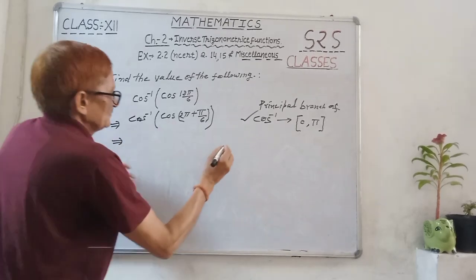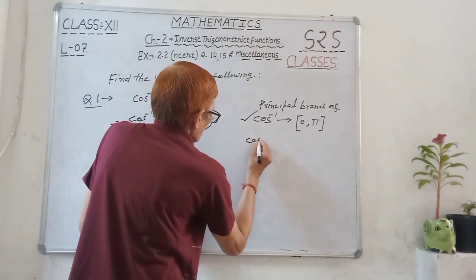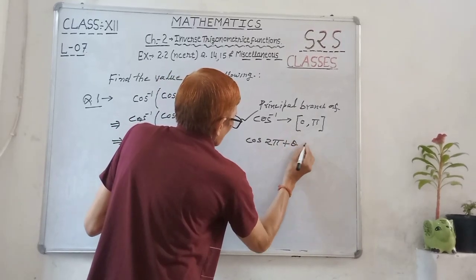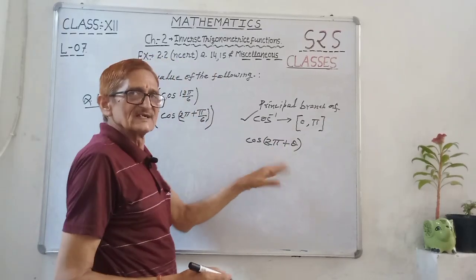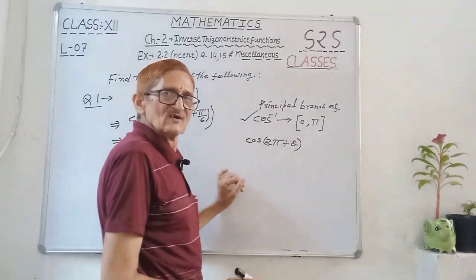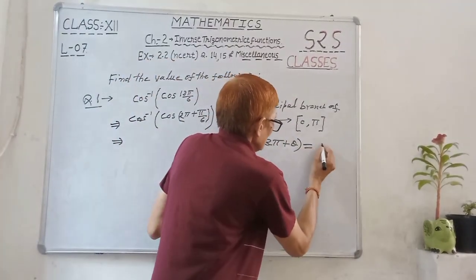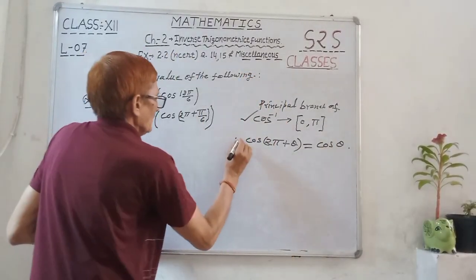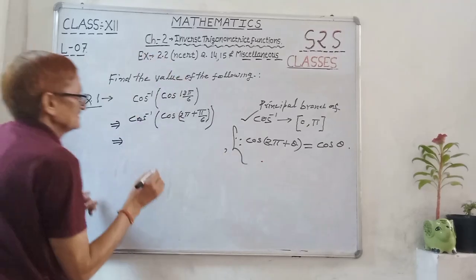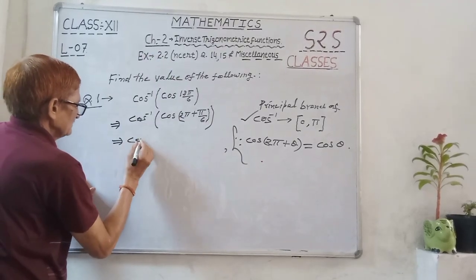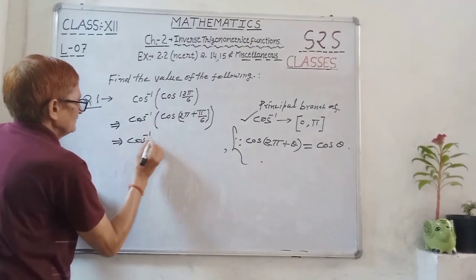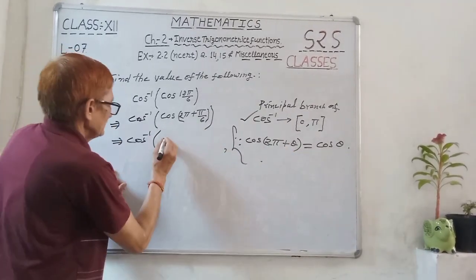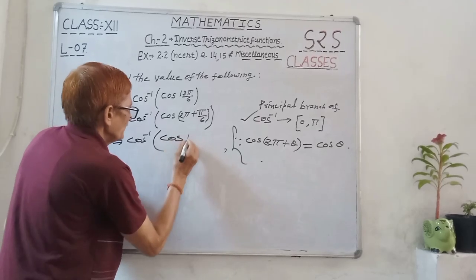So now it is 2 pi plus theta. We know the formula: cos of 2 pi plus theta completes one round and comes back to the first quadrant, where all are positive, so it is cos of theta. Then cos inverse of cos 2 pi plus theta is cos theta, which is cos pi by 6.